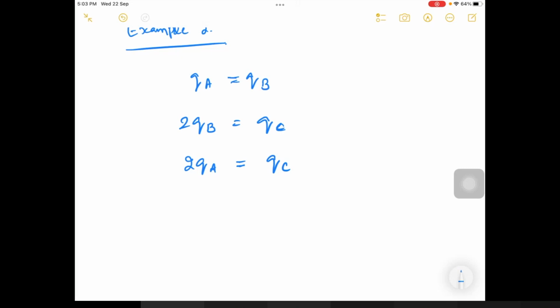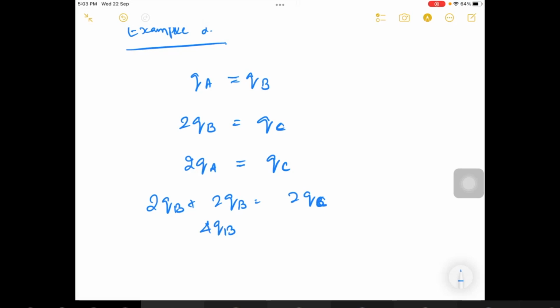Now to solve this equation, since QA equals QB, then 2QB plus 2QB equals 2QC. When I add both, 4QB equals 2QC. So that means 2QB equals QC.